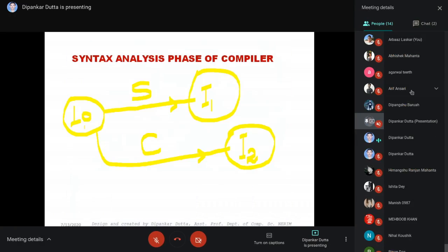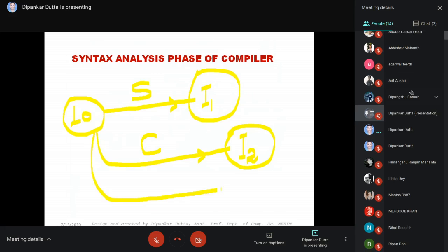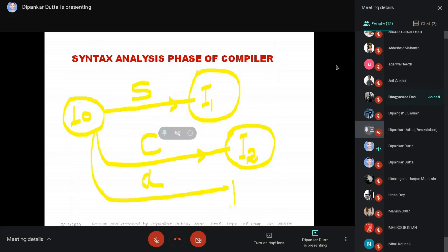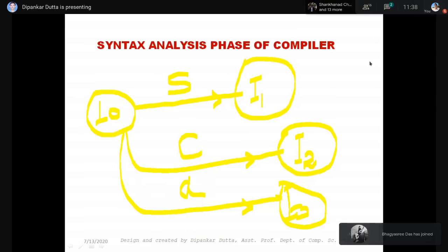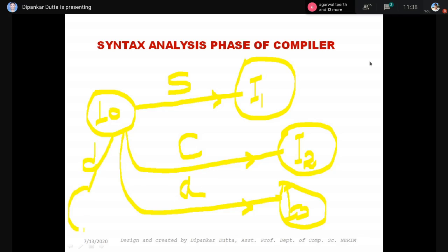So if you place small a, then it will move to I3, and if you place small d, then it will move to I4. This will be the deterministic finite automata, or DFA, for the item set I0.